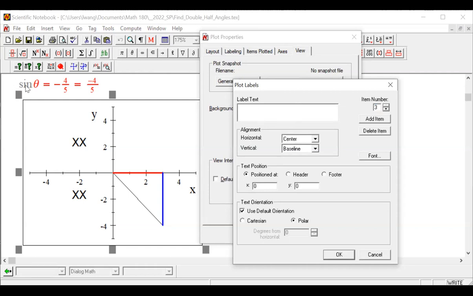The red number, we know, is going to be 3. We're going to use the Pythagorean theorem, because here we know the blue number. The blue number is -4. So -4 is the blue number.